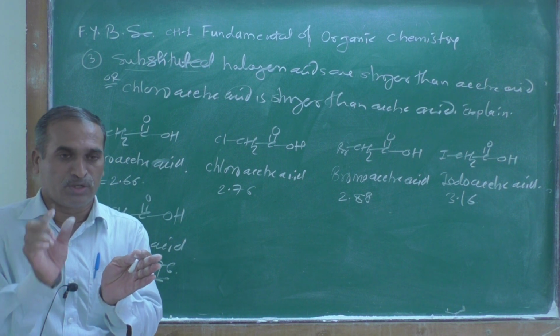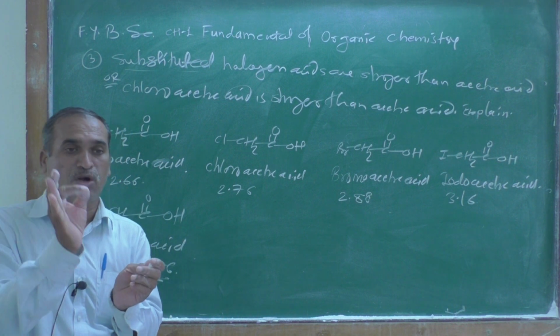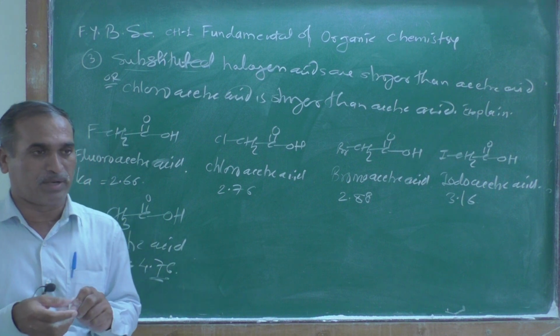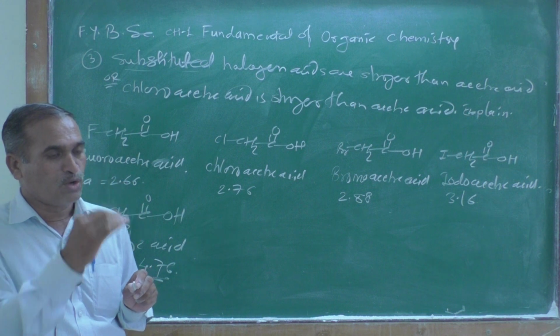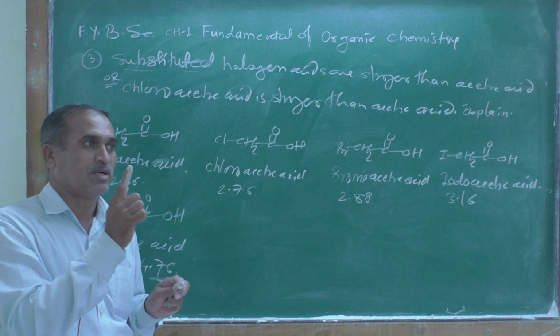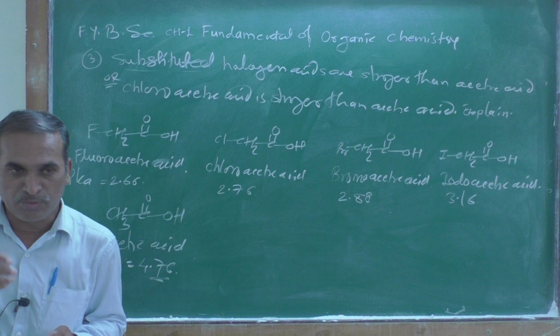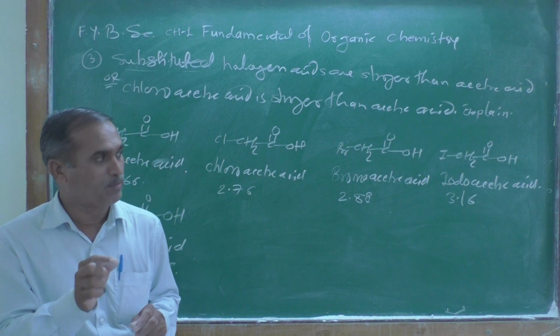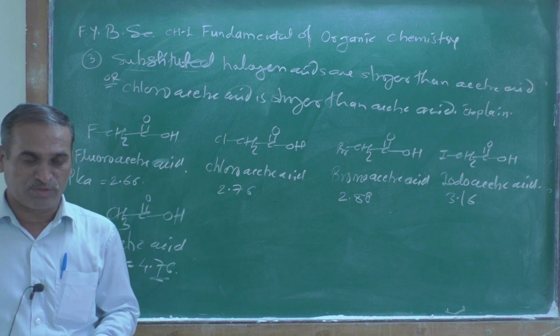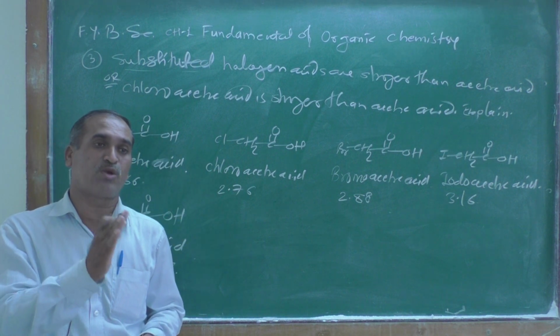You might be knowing the modern long form of the periodic table. In the long form of the periodic table, there are 18 vertical columns, and they are called groups. Group 17 is known as the halogen family.